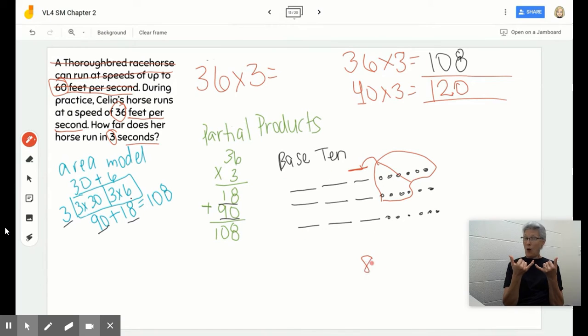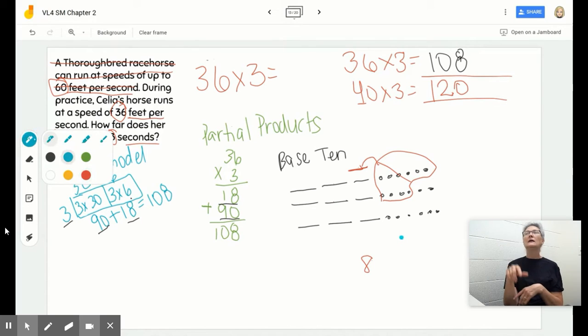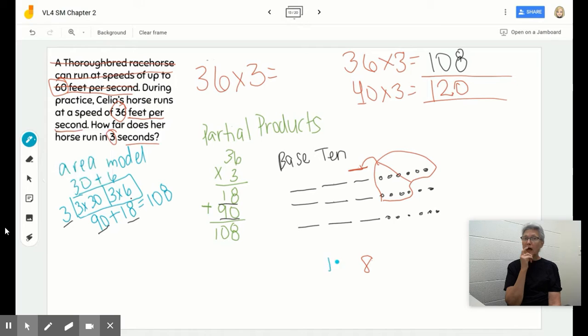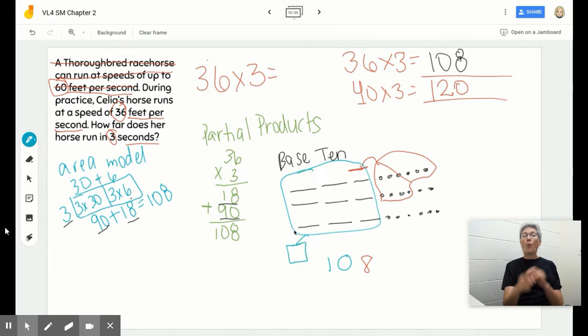Now, how many groups of 10 do I have? I have 1, 2, 3, 4, 5, 6, 7, 8, 9, 10. I have 10 groups of 10. That would be the same as 100. I could write down 100, but I'm actually going to write down 10 tens, which would give me a product of 108. So I could rope these up here, you guys, and say that it turns into a flat, which would be 100. But let's use our regrouping.